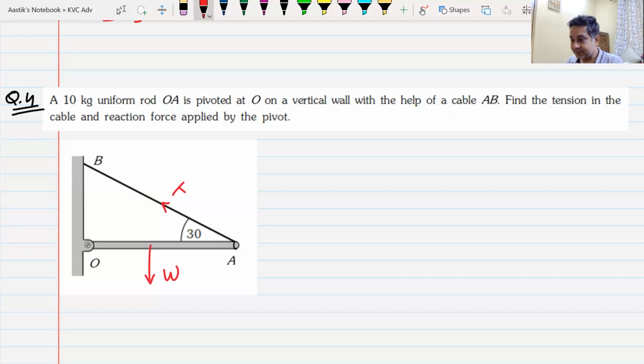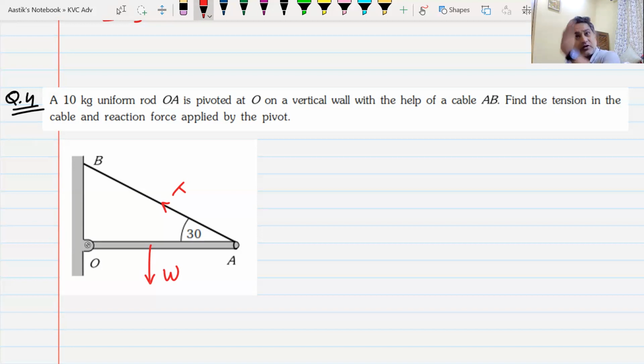Normal force? No. It's a hinge. In which direction does the hinge give force? It depends on what the other forces are.